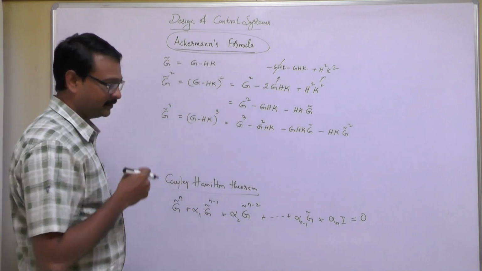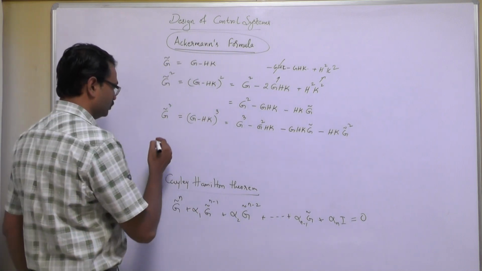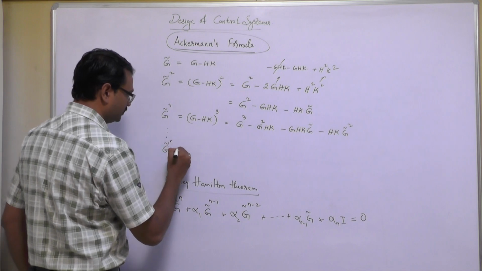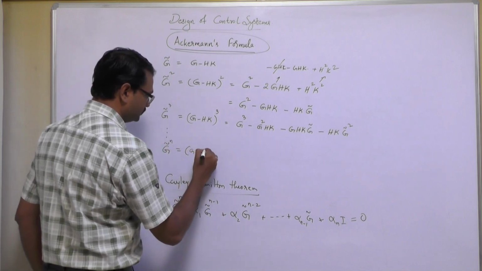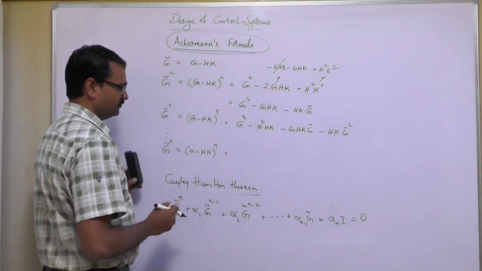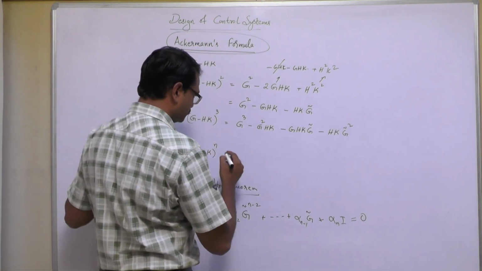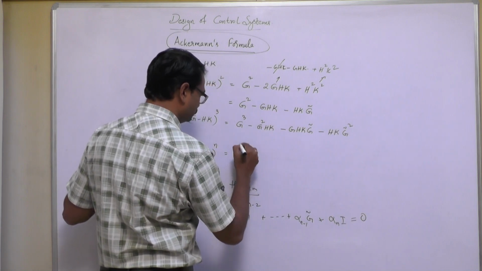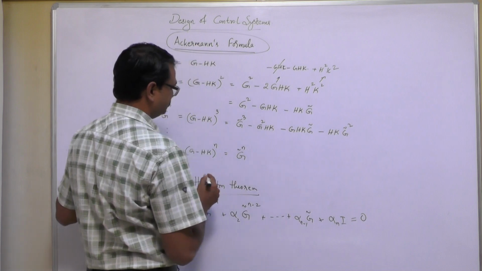This is what we will be getting when we are going for G cap cube. So similarly, G cap power n gives me G minus HK power n. We can multiply all these things and verify and find out what is what in this. So this is a generalized equation.